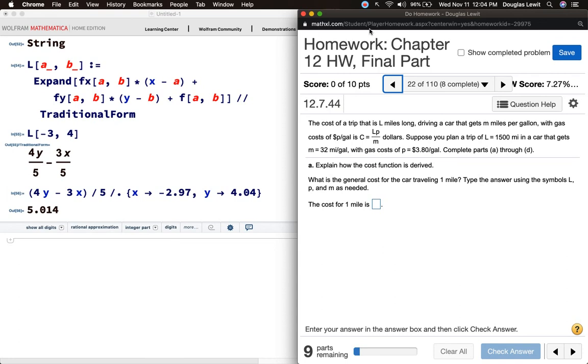The cost of a trip that is L miles long, driving a car that gets M miles per gallon, with gas costs of P dollars per gallon, is going to be the cost is equal to L times P divided by M dollars. Which kind of makes sense because P dollars to the gallon.